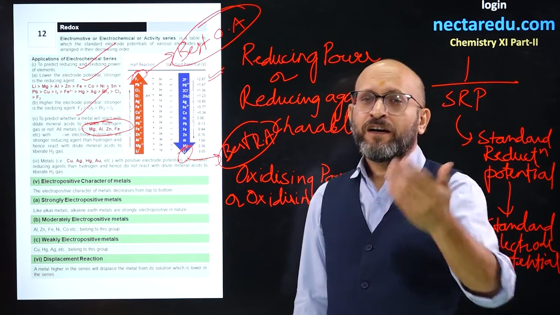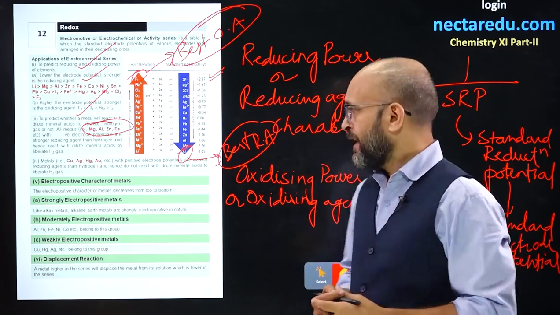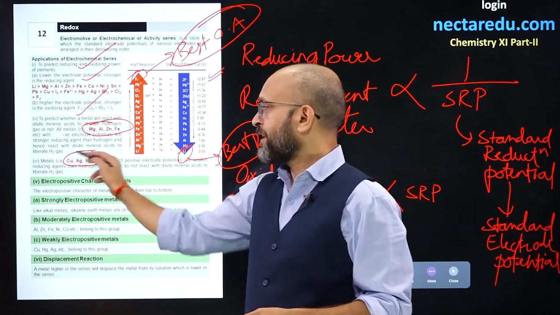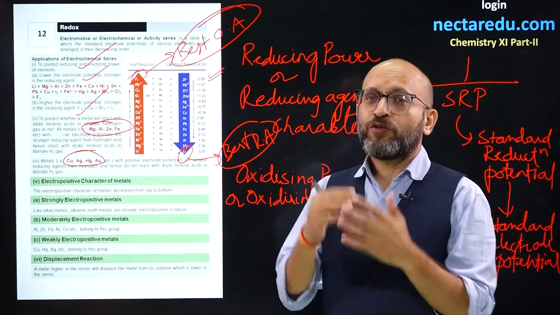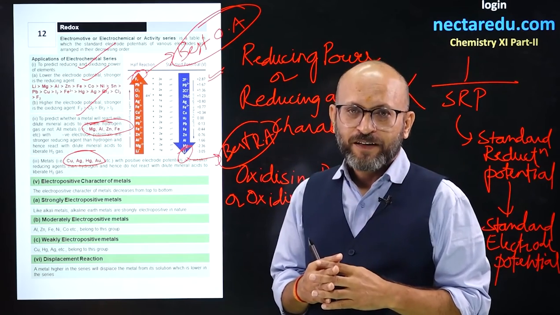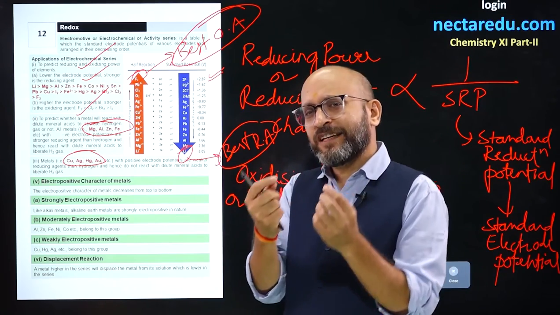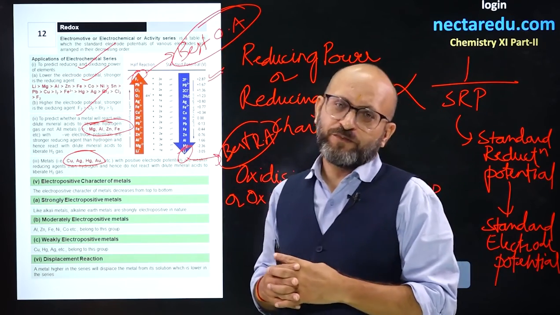So they can remove hydrogen from mineral acids, replace them. And copper, silver, mercury and gold have positive reduction potential values, so they cannot replace hydrogen from mineral acids. These are a few beautiful things we can predict by knowing the values of reduction potential.